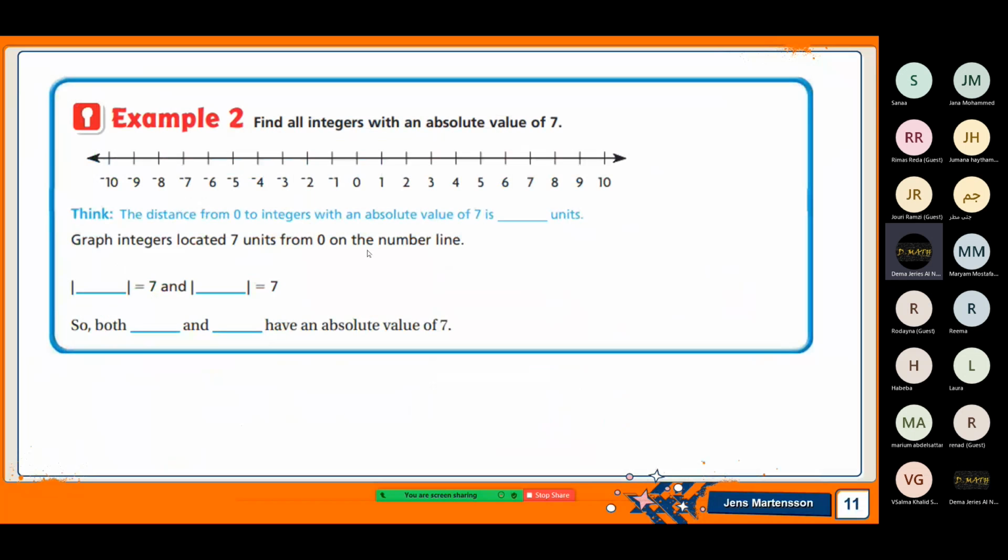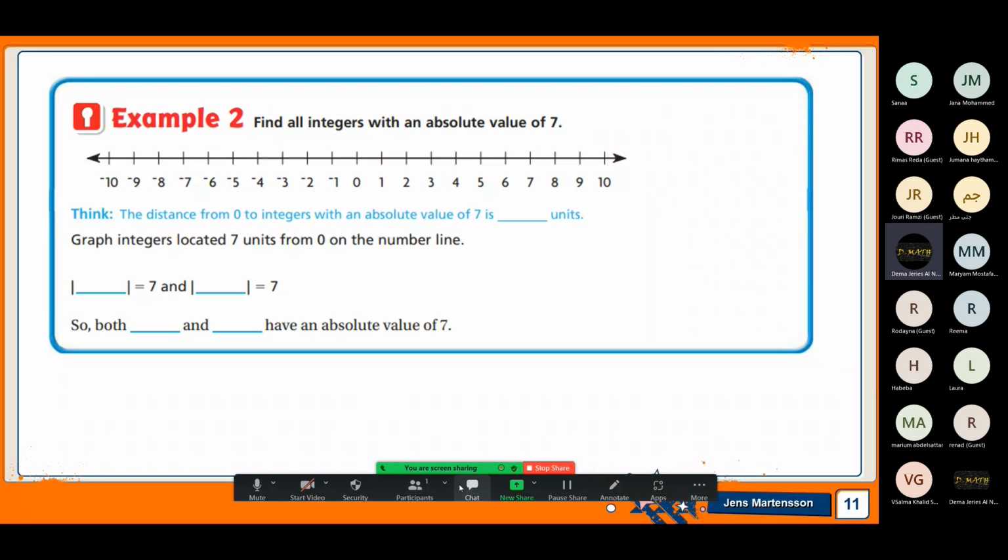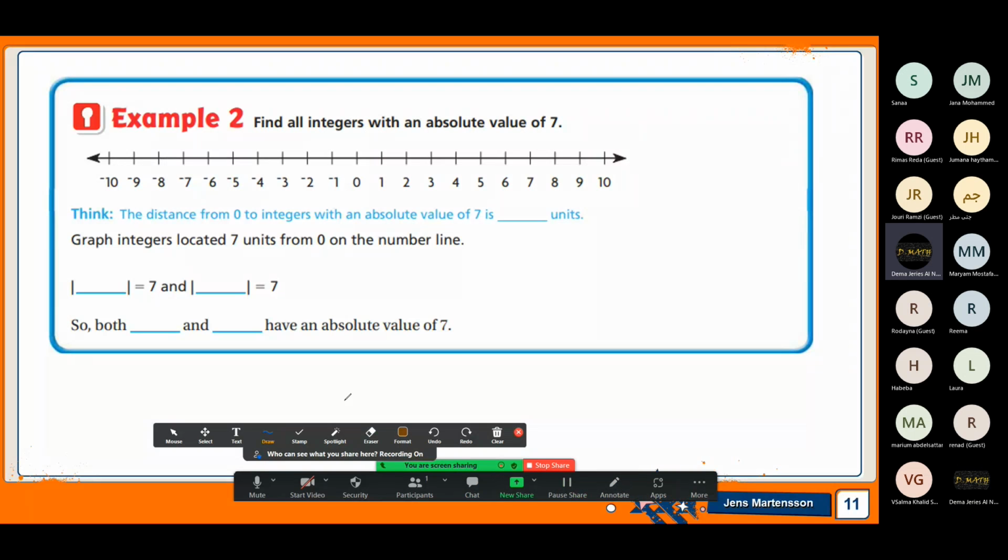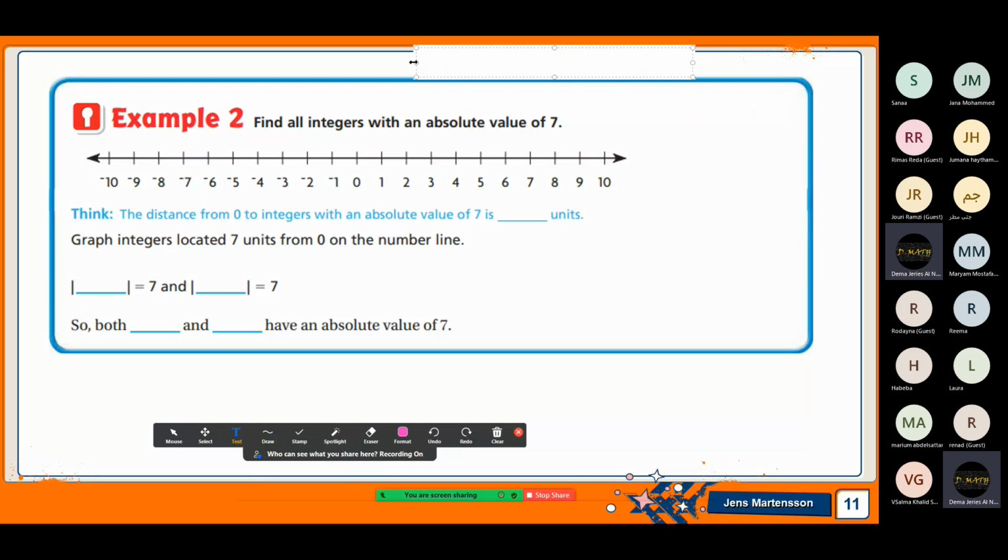Yeah, now back. Now, all of you, please, I want you now to open your book, page 166. Find all integers with an absolute value of 7.